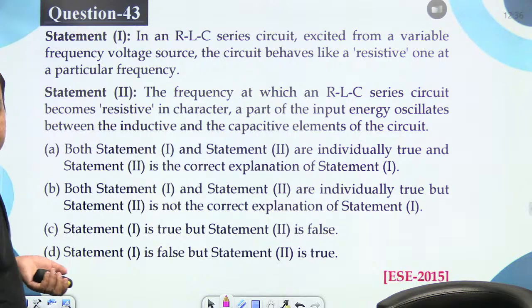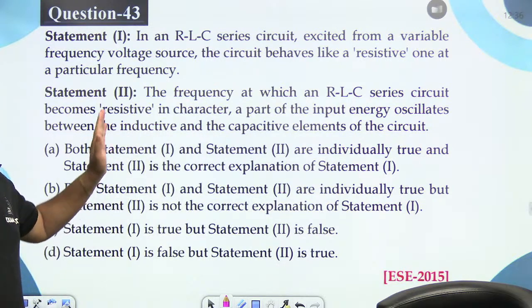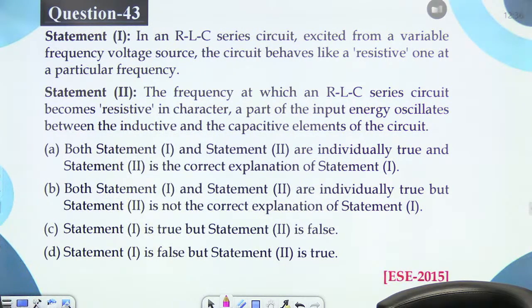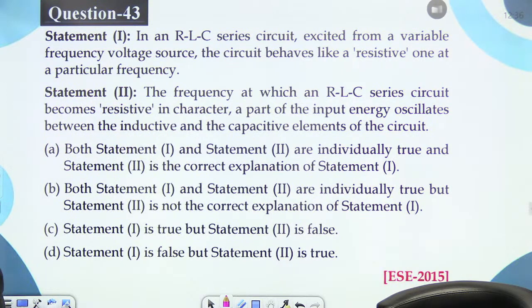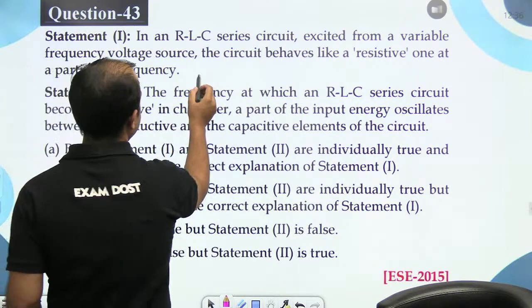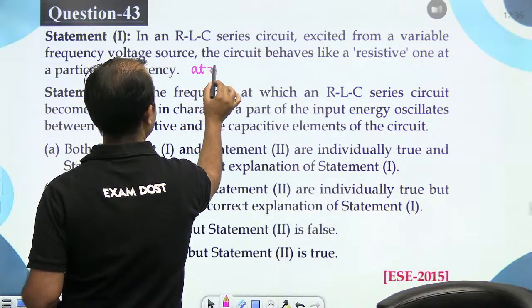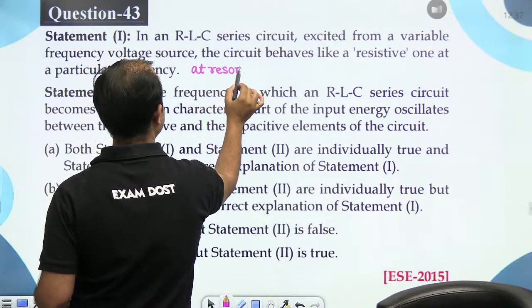In a RLC series circuit excited from a variable frequency source, it behaves as resistive at a particular frequency. सही बात है, resonance पे. This is correct. At resonance, it will behave like a resistive circuit.